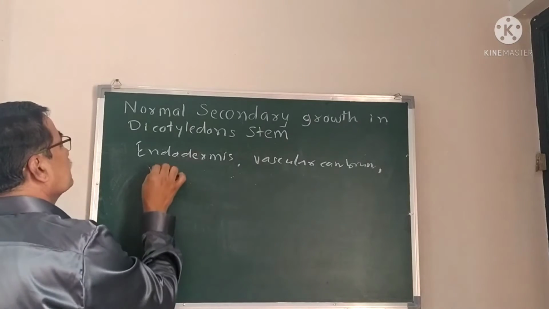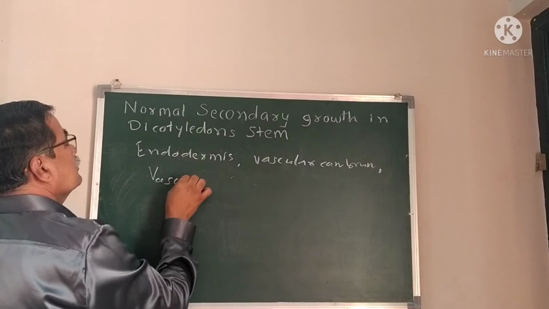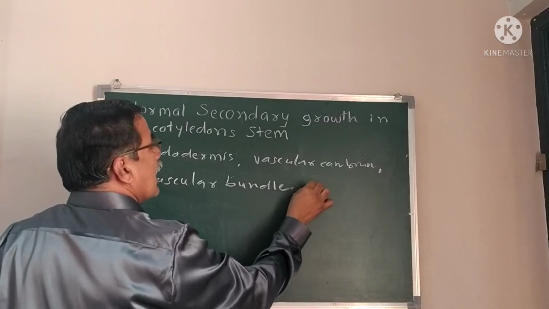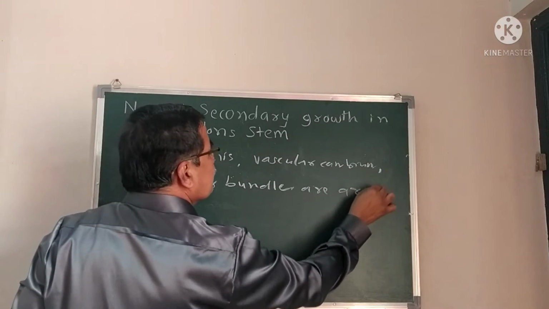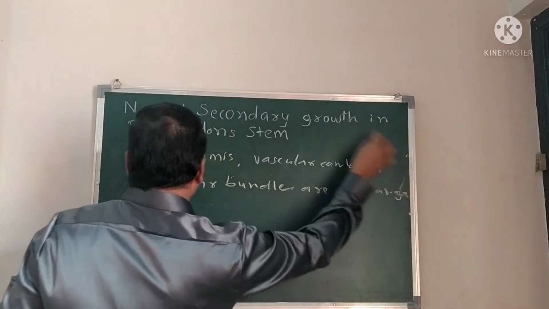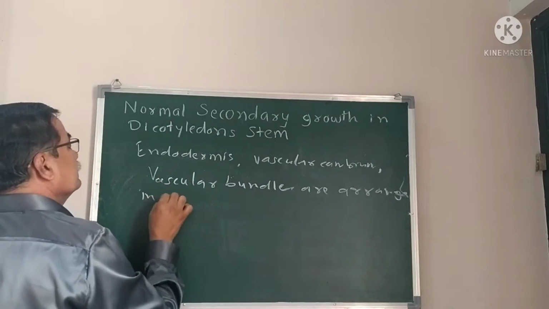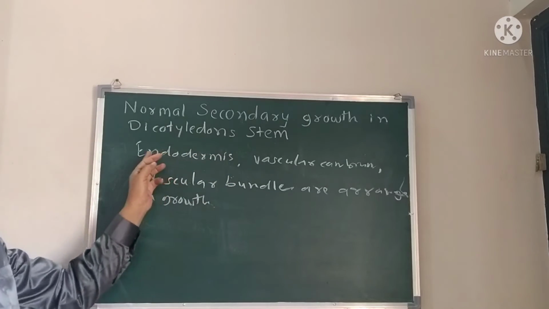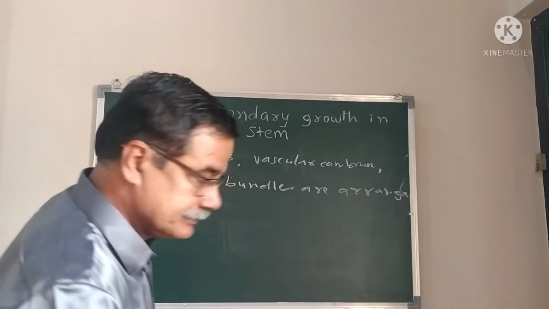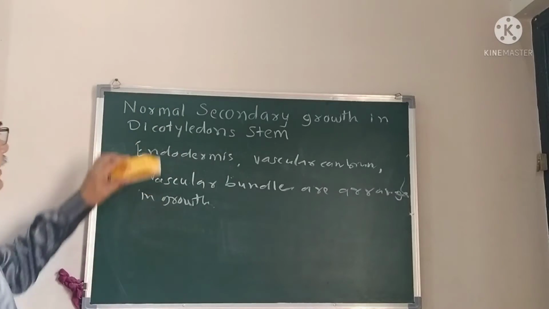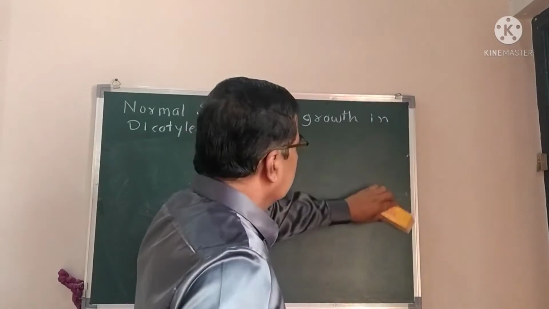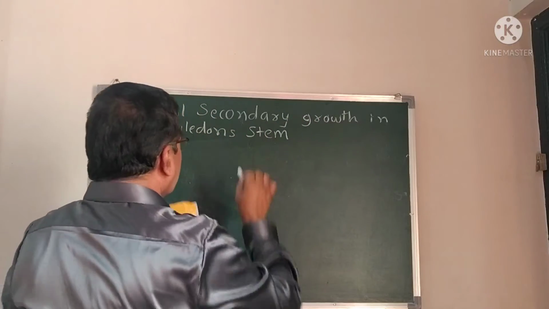Vascular bundles are arranged in a group, due to which there is activity of secondary growth. Here we are going to see secondary growth in the dicotyledon stem.